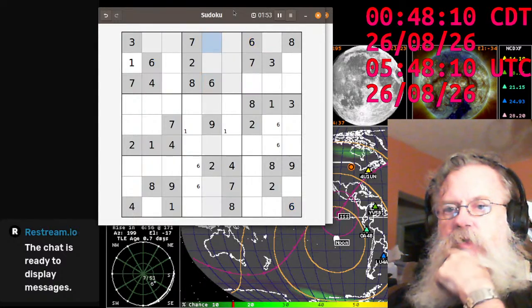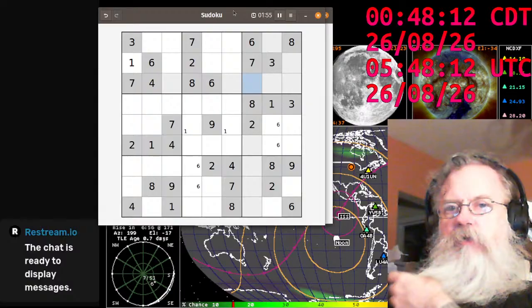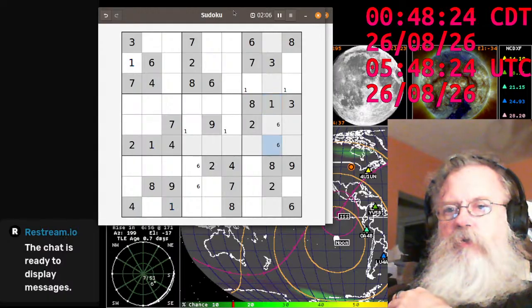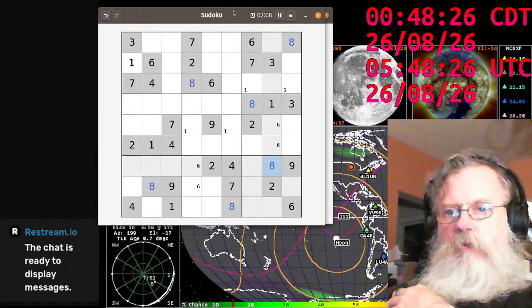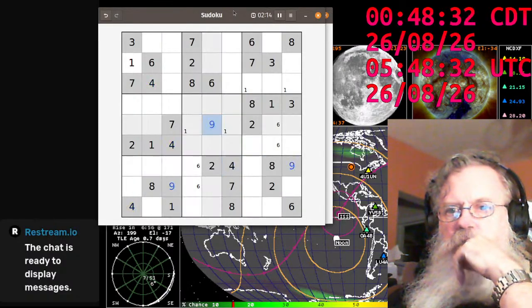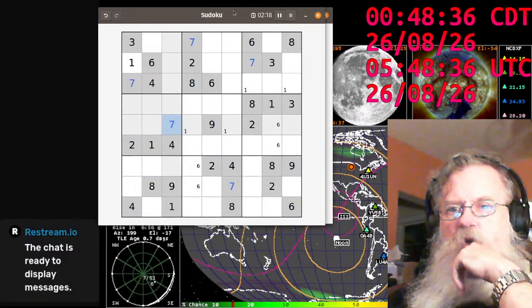That means I've got 3 possibilities here and 2 possibilities here. Because this one can't be 1, this one can't be 1, this one can't be 1. All right, still have 3 possibilities here. 2 here. Looks like that's all I can do with 1s.